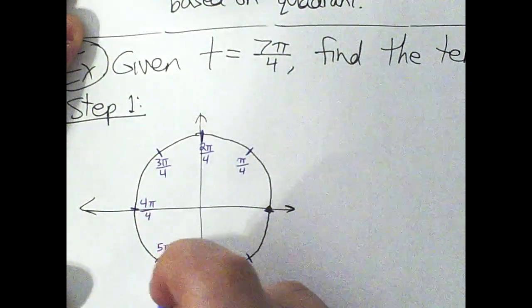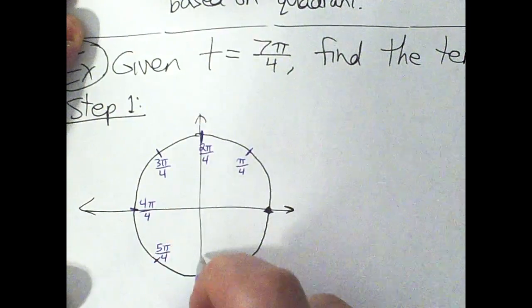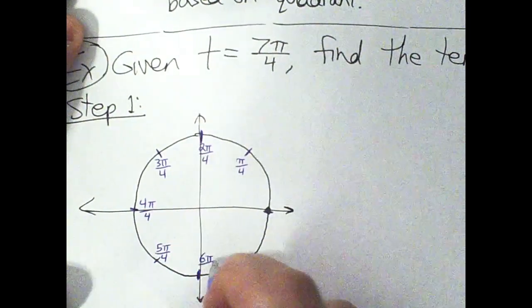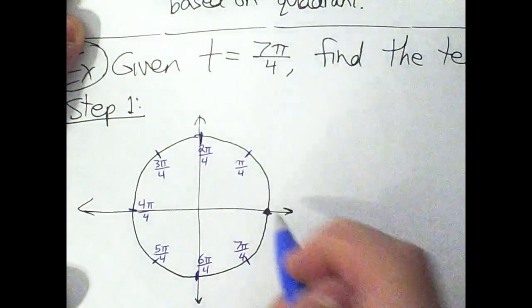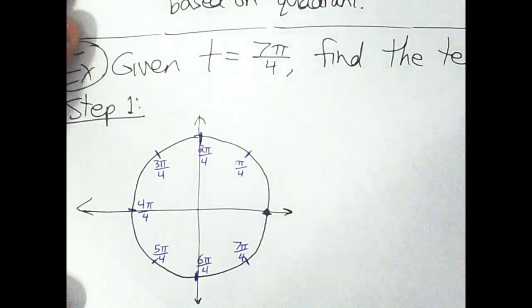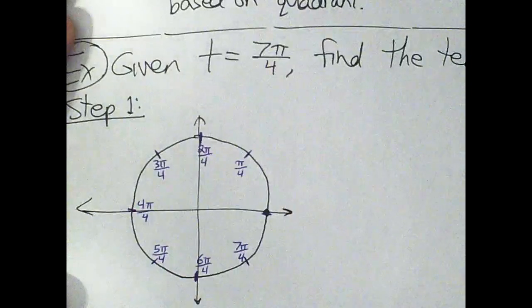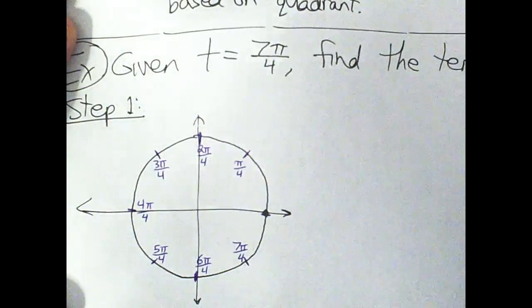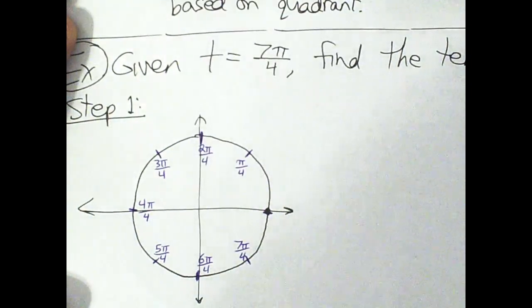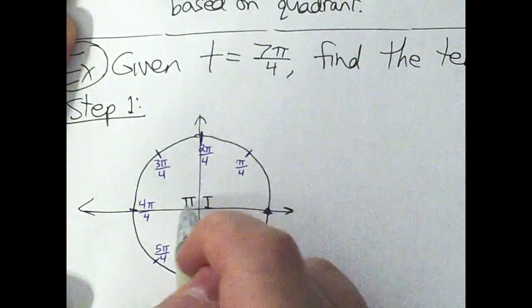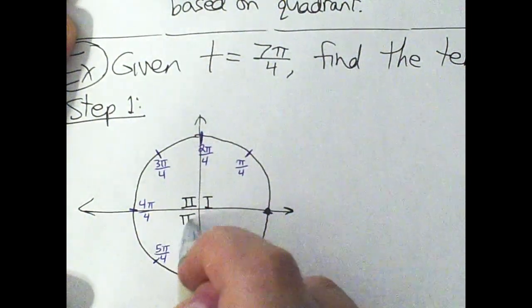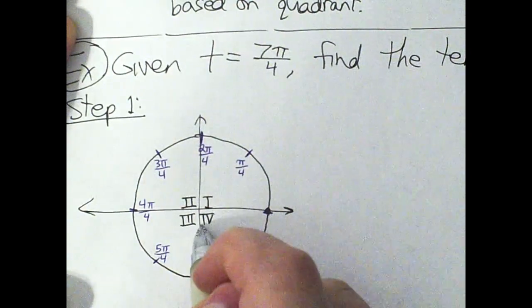This is 5 pi over 4. Here we've gone another one, 6 pi over 4. And here we've gone 7 pi over 4. And if we go one more, then we've gone 8 pi over 4, and we've gone all the way around. So let's just stop there. I'm also going to label the quadrants just because we'll see if that helps. 1, 2, 3, and 4. Okay.